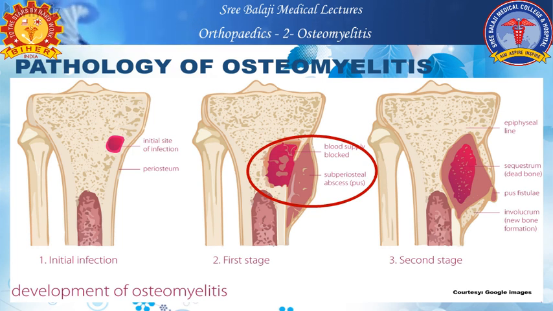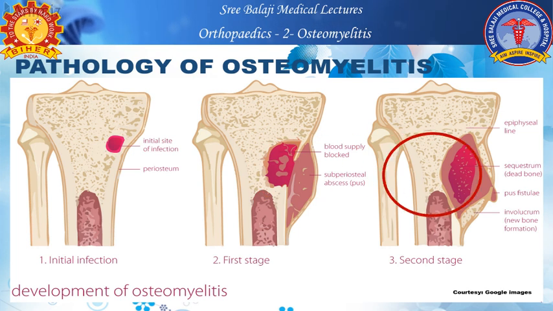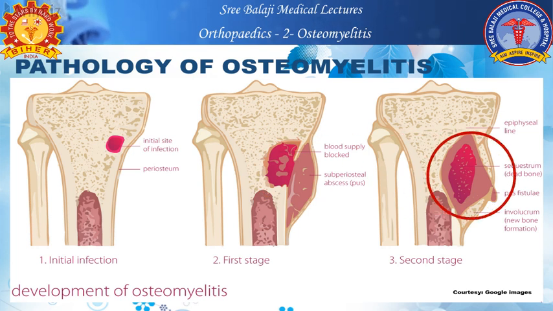And this subperiosteal abscess elevates the periosteum, and this will be seen as a periosteal reaction in the X-ray. And as the disease progresses, the abscess will burst out through the soft tissues and will present like a sinus.